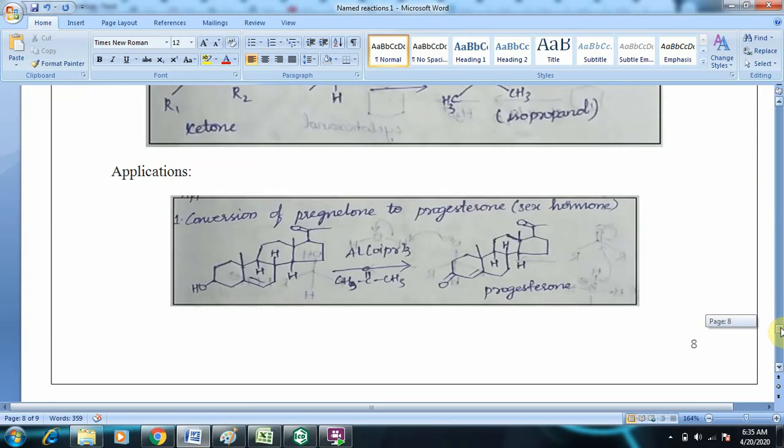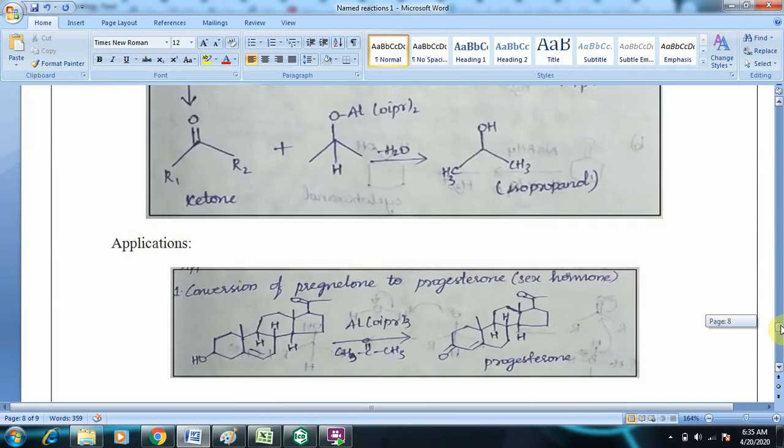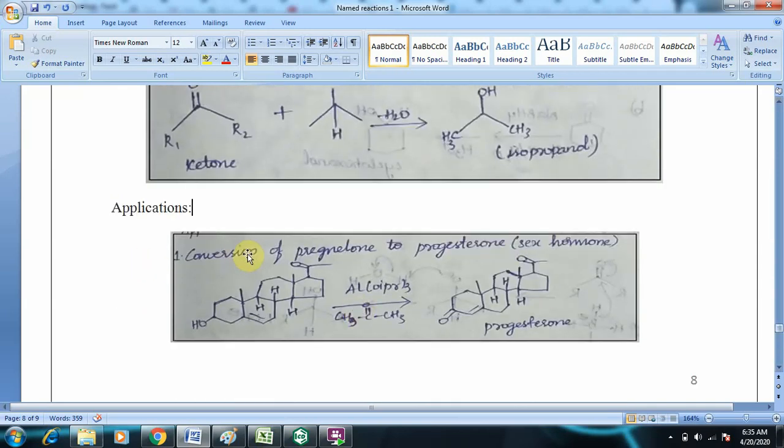And coming to its applications, conversion of pregnenolone to progesterone. This is the structure of pregnenolone, and progesterone is a sex hormone. So here the significance is we are trying to convert this secondary alcohol, CHOH, to a ketone.